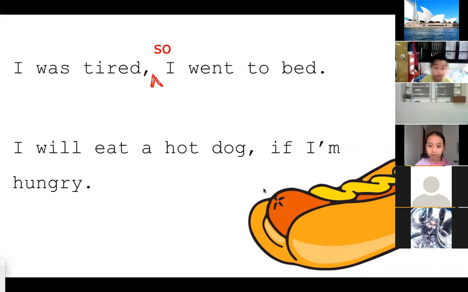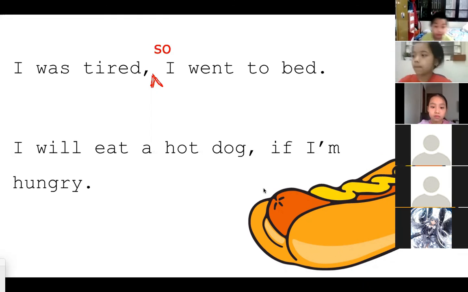Nope, we're talking about one hot dog. I will eat a hot dog if I'm hungry. Oh. Nope, we need to take something away from this sentence. Think about our subordinating conjunctions and where they are in the sentence.